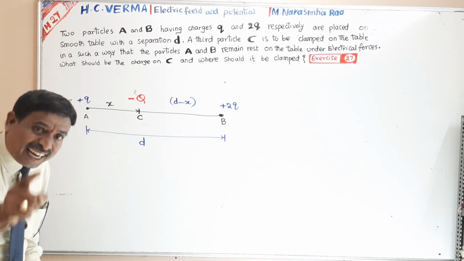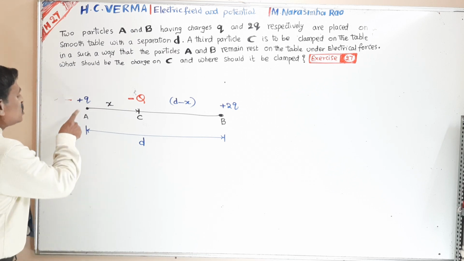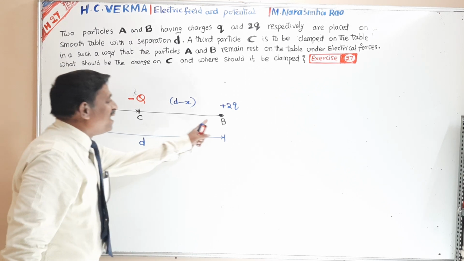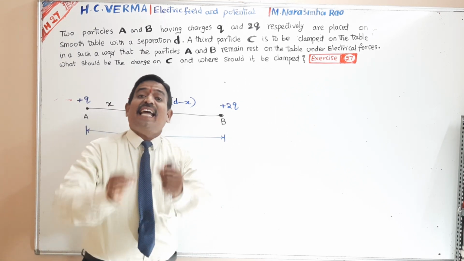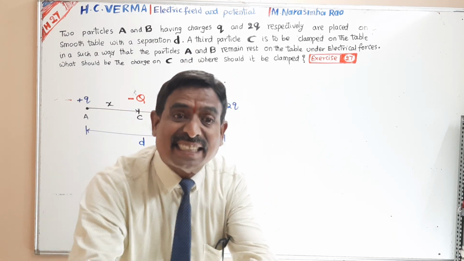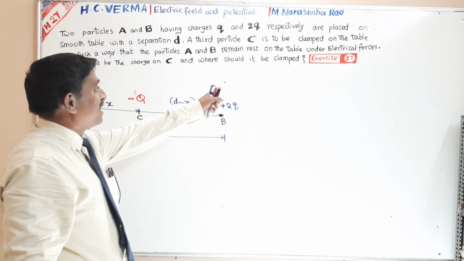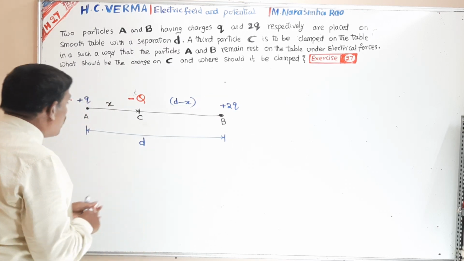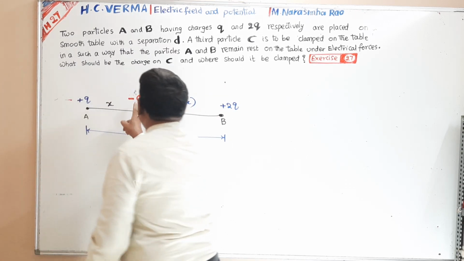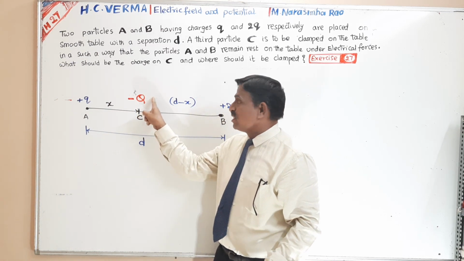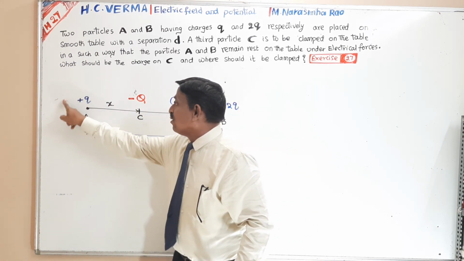The reason is they told that the charges at A and B must be at rest under any electrical forces acting, as given in the question. Now please listen. This charge is negative and this is a positive charge.